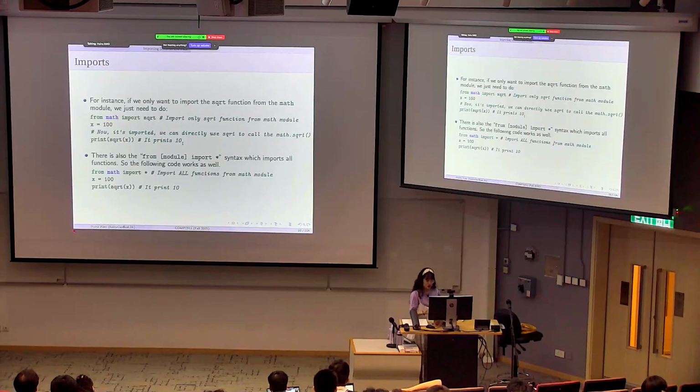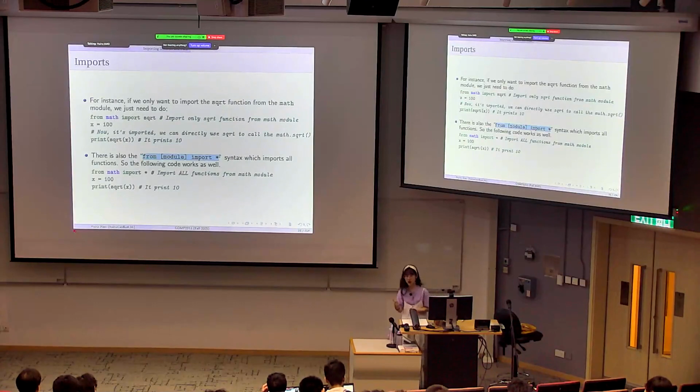And there is also another syntax, it's like this, from some module import asterisk. This asterisk is a magic symbol, meaning everything. Actually, I think it's not only for Python, in some other languages or in some terminal commands, this asterisk also means everything. So if we run this one, from some module import asterisk, then it means that we want to import all functions. We want to import everything from this module.